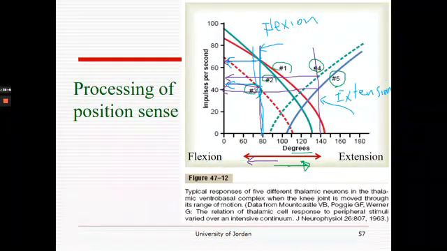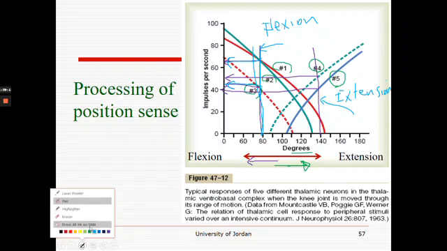So this combination of the number of impulses in these neurons, not just 5 but maybe 100, say 60 are increasing and 40 are decreasing, and so on, your system will interpret as extension or flexion.